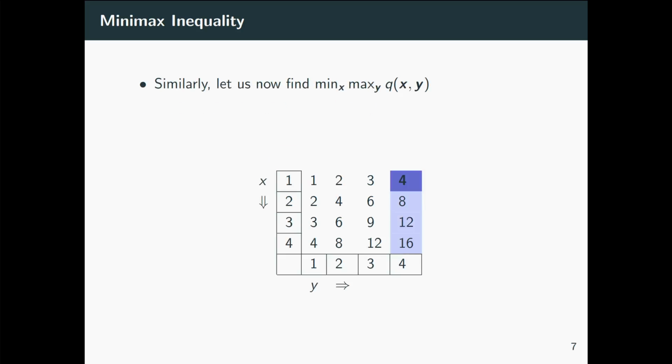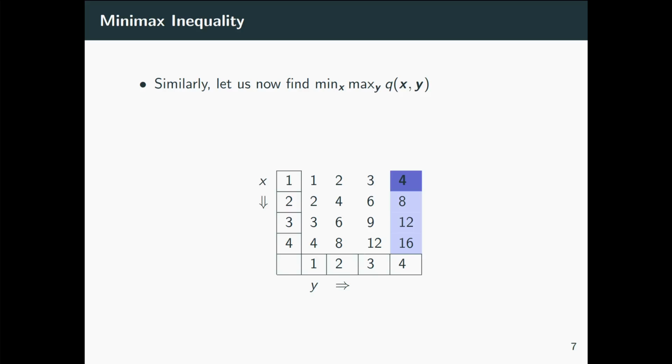Similarly, we can first find the max. You can maximize the function qxy over y, which was giving you these 4 functional values, right? Corresponding to x equal to 1 you got 4, corresponding to x equal to 2 you got 8, corresponding to x equal to 3 you got 12, and corresponding to x equal to 4 you got 16.